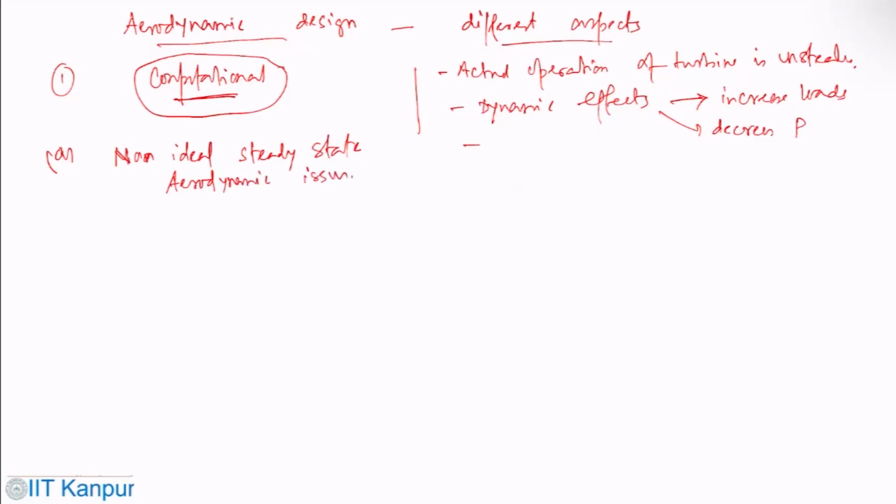Okay. So the steady state effects that influence wind turbine behavior include the degradation of blade performance due to surface roughness, the effects of stall on blade performance, and blade rotation.